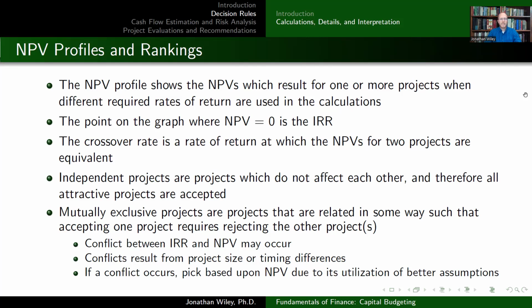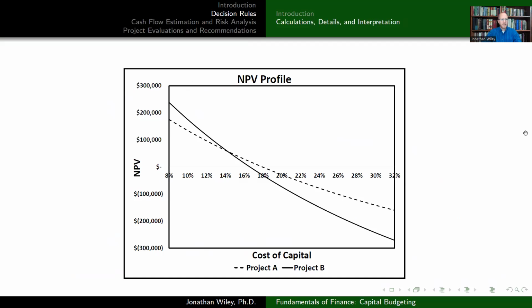So if you plot the net present values that arise from the different required rates of return, the spot where you see that net present value line cross the 0 value, that spot on the x-axis, the required rate of return, that's going to be the internal rate of return for the project. Now, that means that the graph would look something a little bit like this.